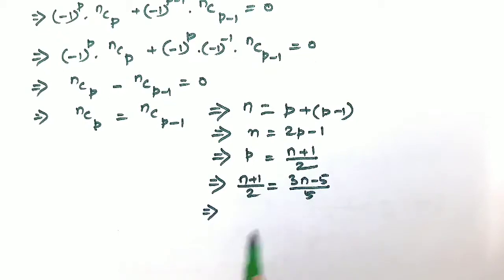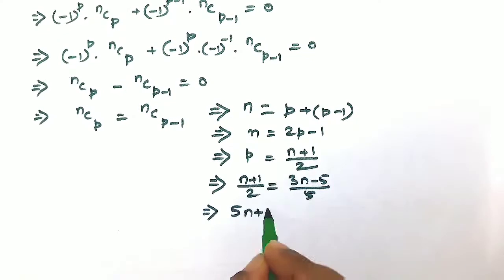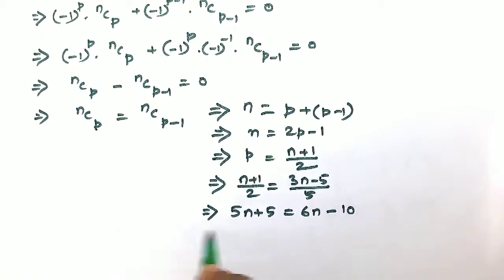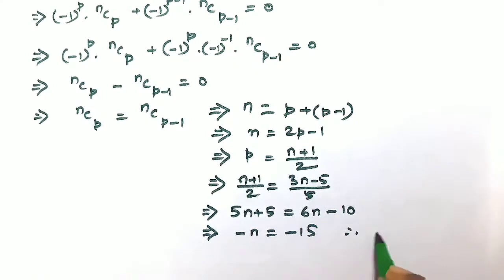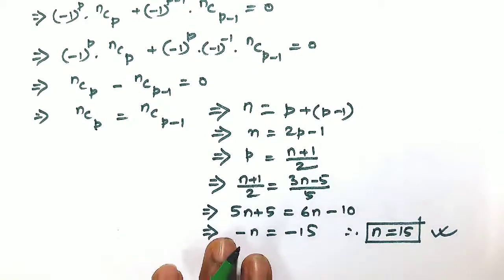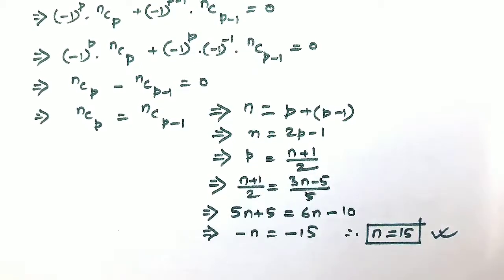So cross multiply, 5n plus 5 is equal to 6n minus 10. So it is 5n minus 6n, that is minus n, and that will be minus 15. So ultimately we are getting n is equal to 15. So n is equal to 15. Actually it is our target to get the value of n. So here n is equal to 15.